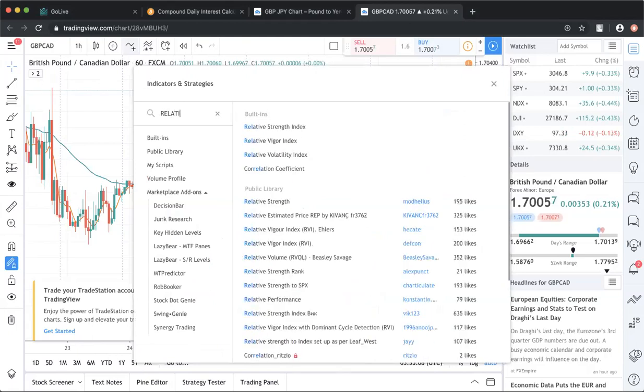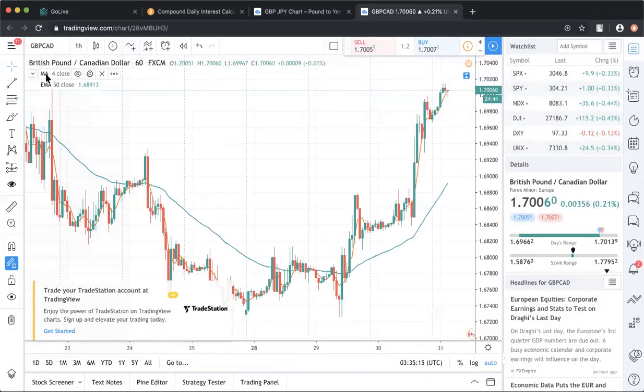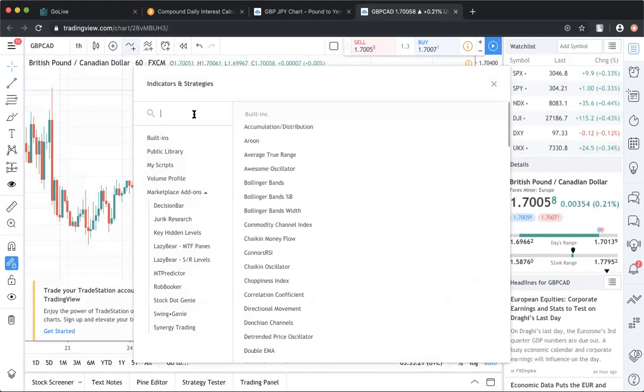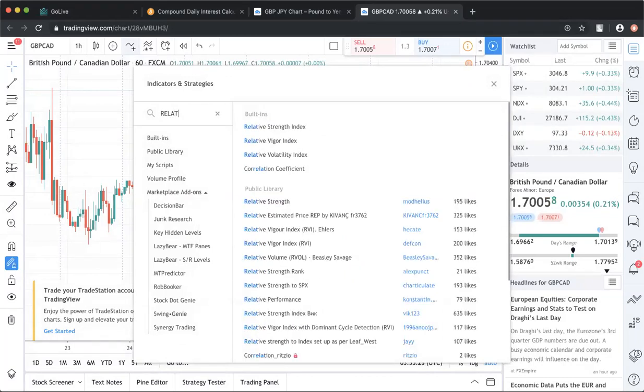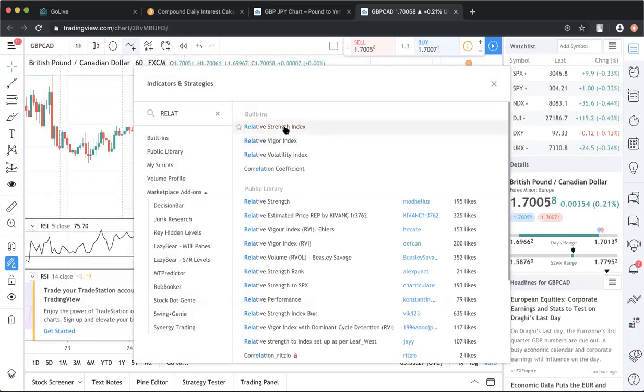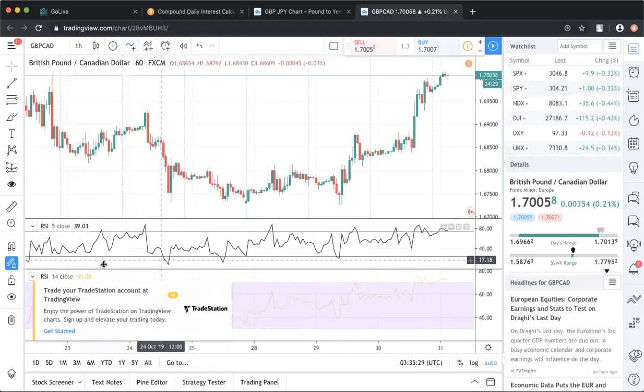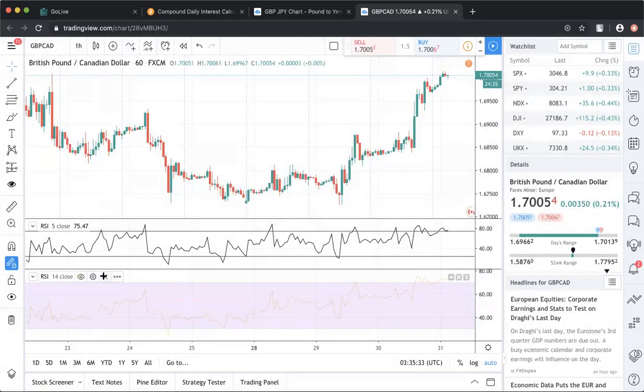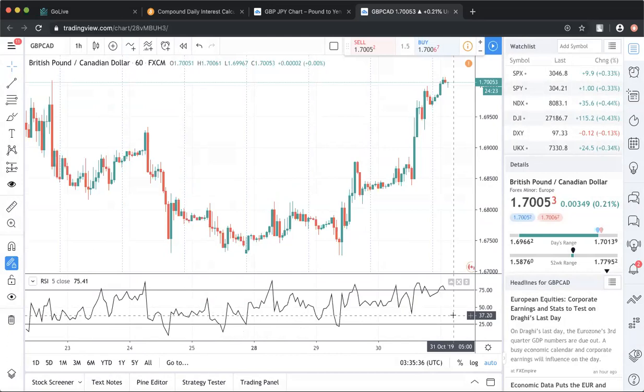Quick lesson on the RSI. The RSI is basically measuring the power of the bulls versus the bears, the power of the buyers versus the sellers.